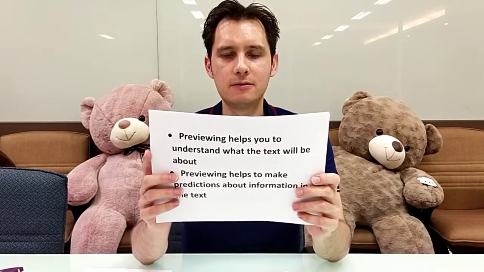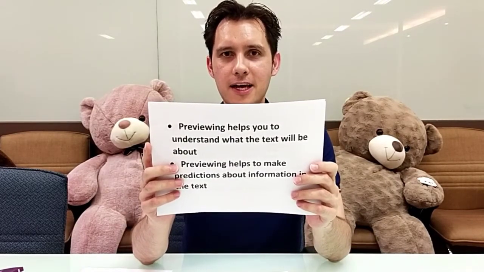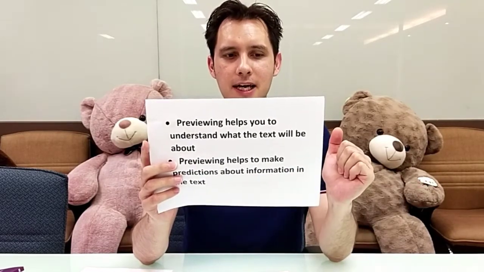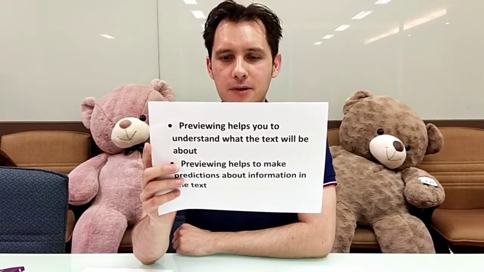Without further ado, I'm going to go over the reading skill for unit 1, and that is previewing and predicting. And what is that exactly? It's a skill that we've covered before. Previewing and predicting helps you to understand what the text will be about, and secondly, helps you make predictions about information in the text.